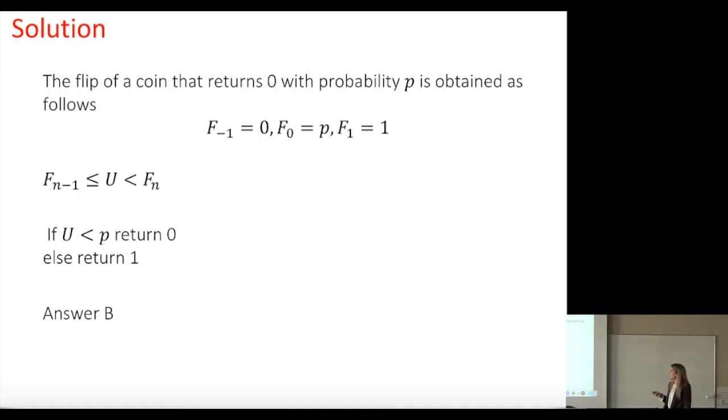If u is between F0, which is p, and 1, we will return the highest, 1. So practically when u is strictly less than p, we return 0, and if u is from p to 1, we return 1. So this algorithm is the flip of a coin that returns 0 with probability p. Okay, any questions?